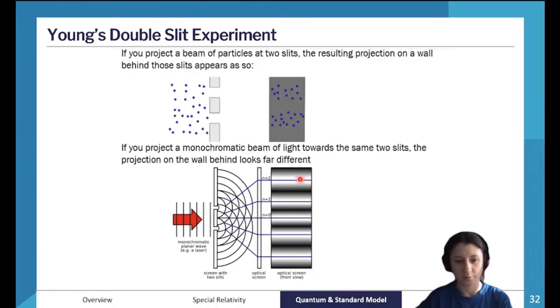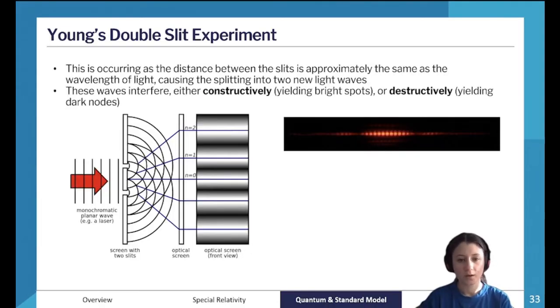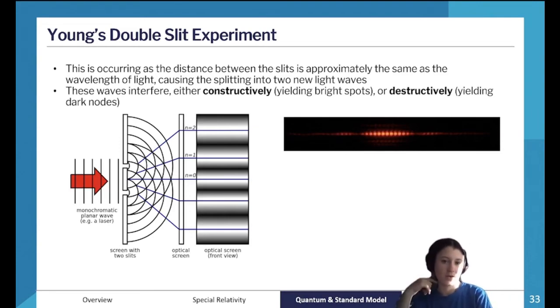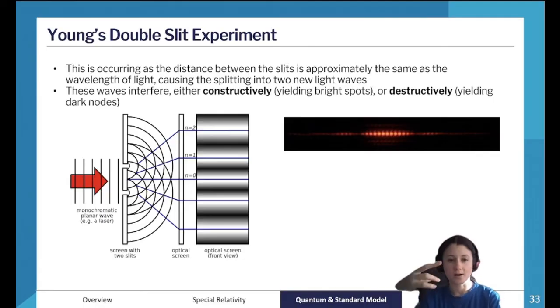So this one is going to be pretty weak. We're not going to have a lot of light here. This one's going to be pretty strong. This one's going to be moderately strong, and so forth. So this is actually what you can see. You see we have this big bright spot, dark, littler, littler, and then dark moving out from there. So this is what Young observed.